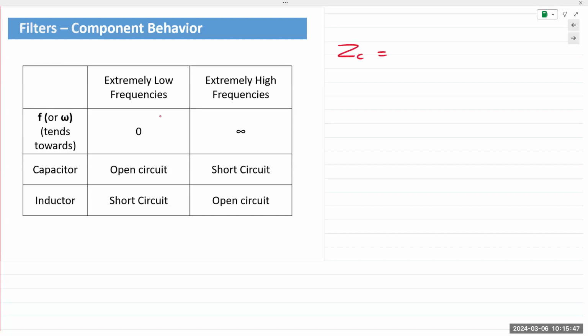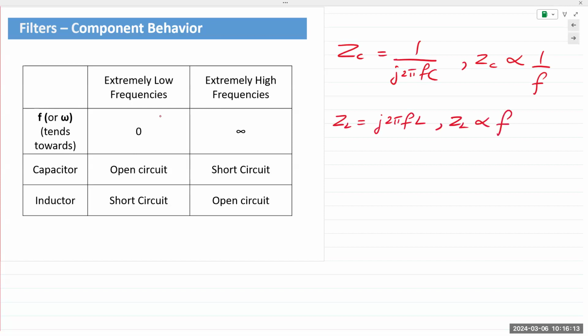For a capacitor, the impedance is 1 over j 2 pi f C, f times C. The impedance is inversely proportional to the frequency value. For an inductor, it's the exact opposite. ZL is j 2 pi f L, so ZL is directly proportional to the frequency.